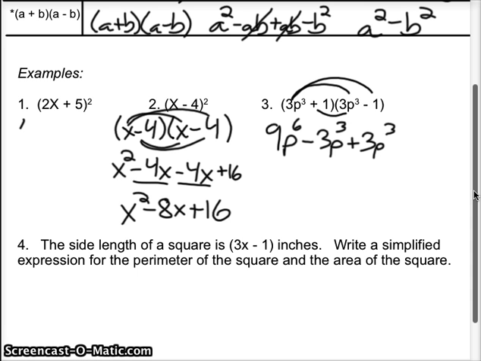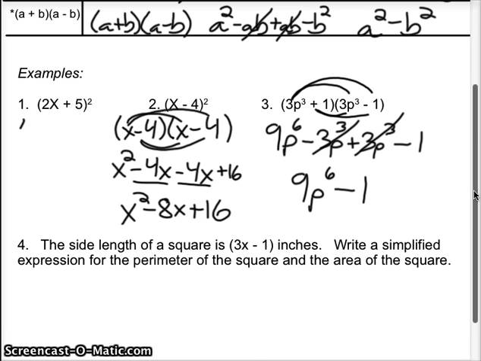And L for last, 1 times -1 leaves me a -1. And now -3p cubed plus 3p cubed, we do get the opposite sign. We do get that canceling just like we wanted. So we're left with 9p to the 6 minus 1, which again is something we expected to get based on our results in that first little table.